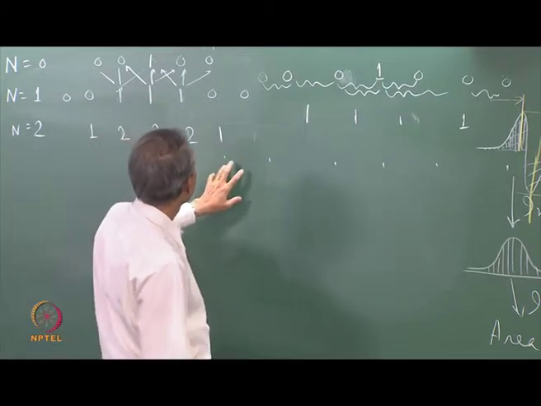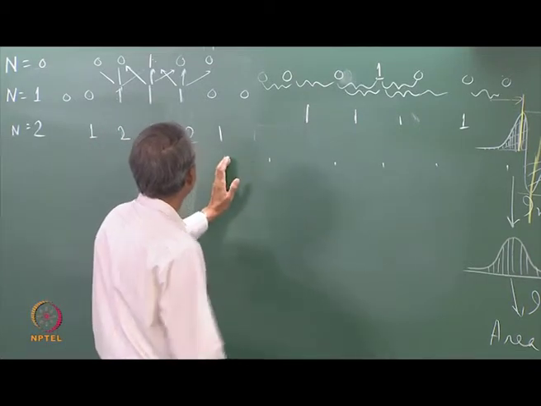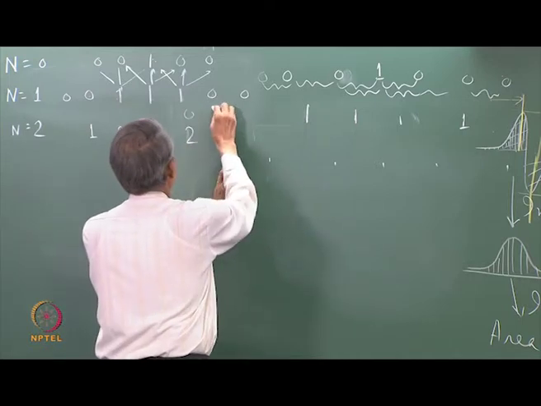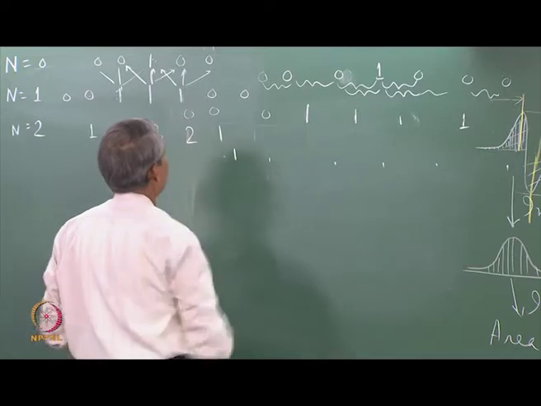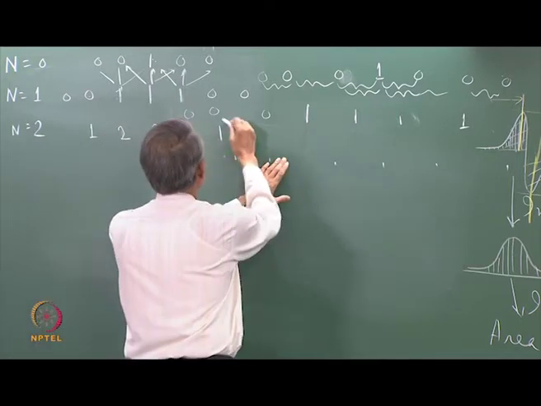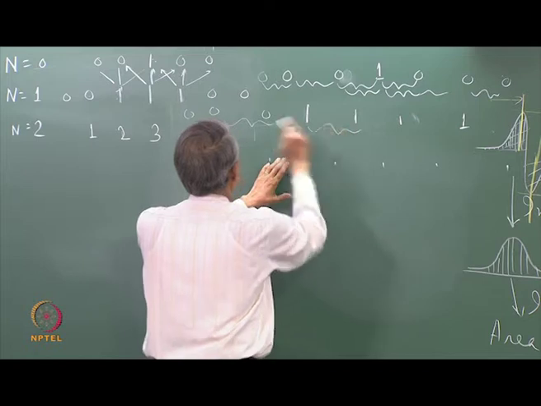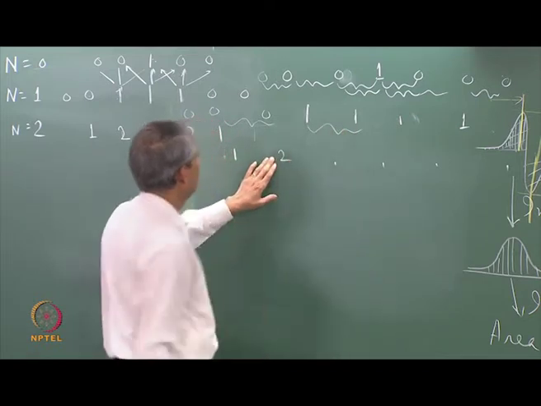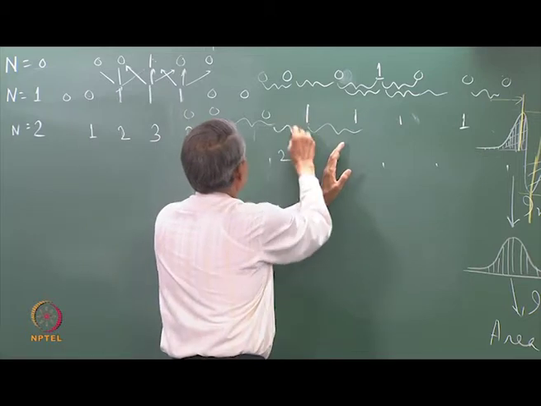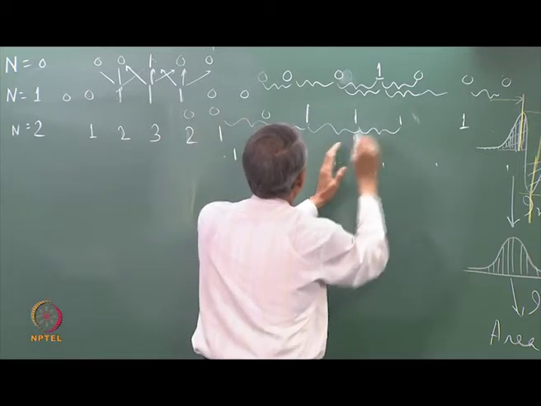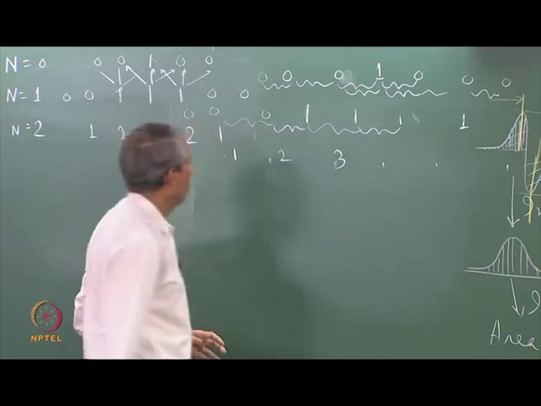So to get the intensity here, I have 0, 0, 0. I add these and these to get a value 1. Then to get the intensity here, I add this and this, so then I get a value which is 2. To get the value here, I add this 2 and this 2, so this gives me 3.